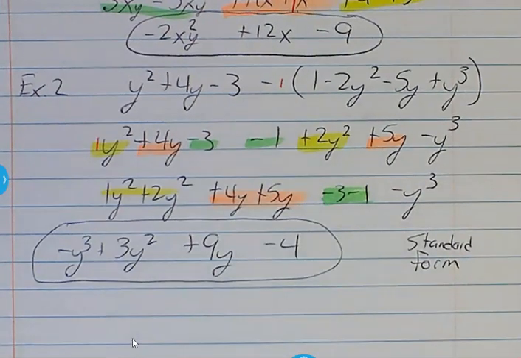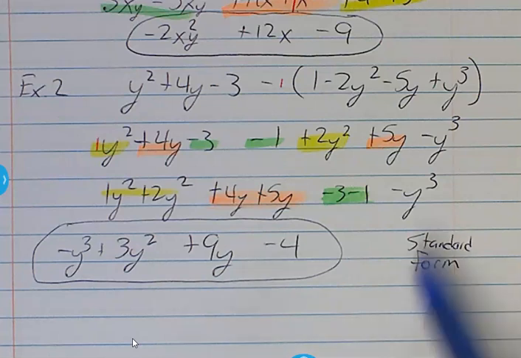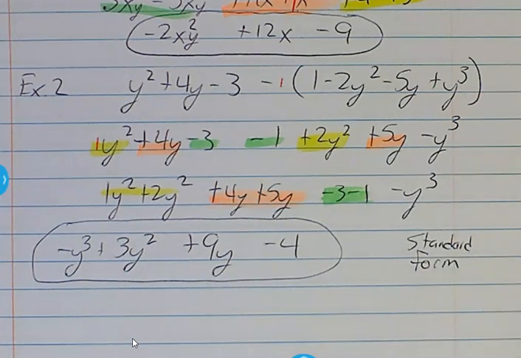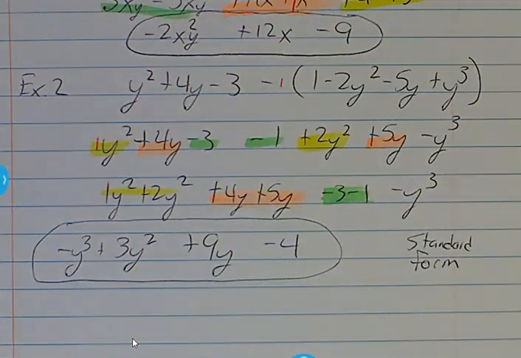Okay, if they don't say anything about standard form, then you can just drop that negative y to the third and put it here. But again, if they talk about something being standard form, you would start with your highest power, and then you work your way down.